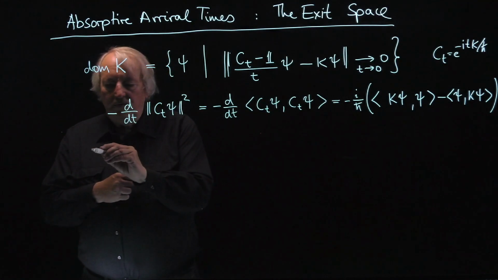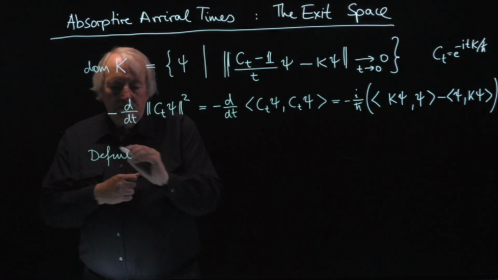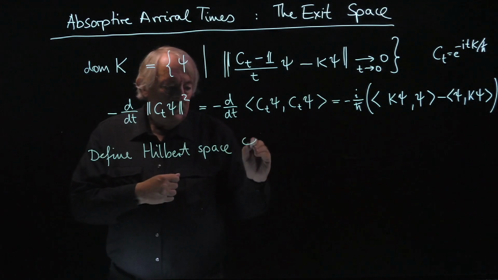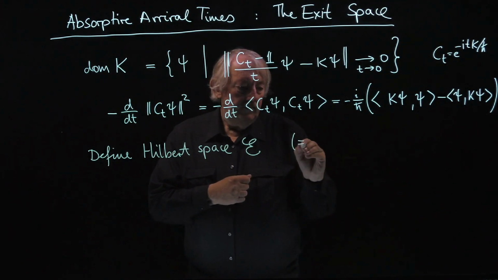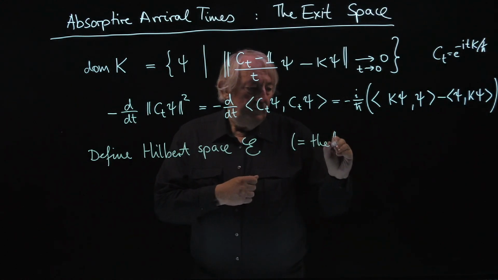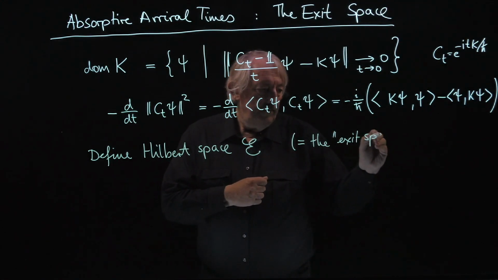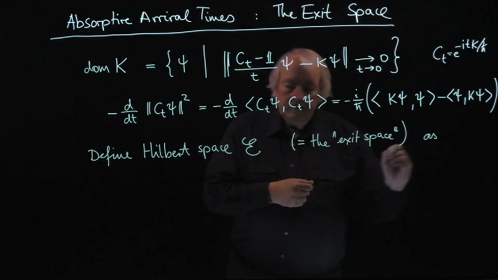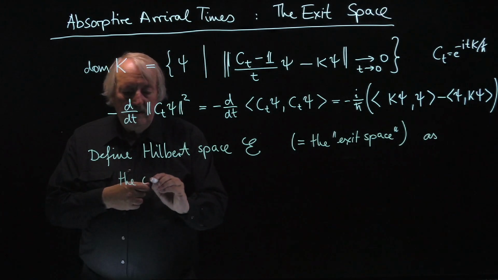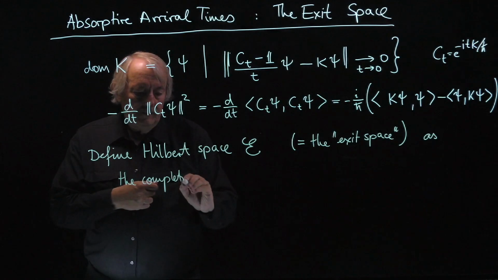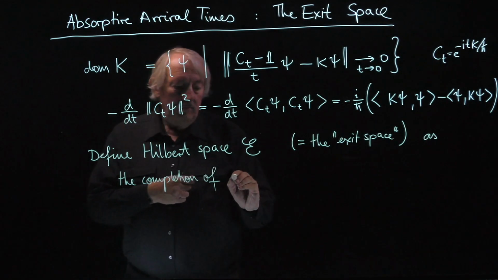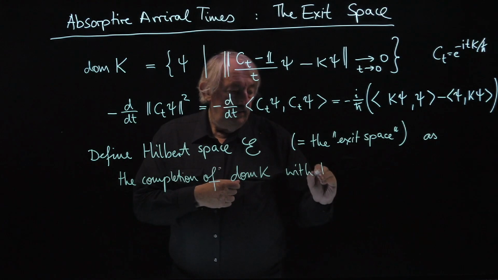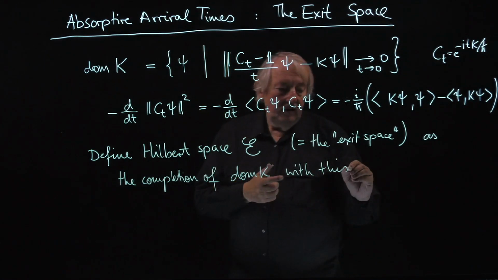And so define a Hilbert space E, the exit space, as the completion of dom K with this norm, this as a norm.